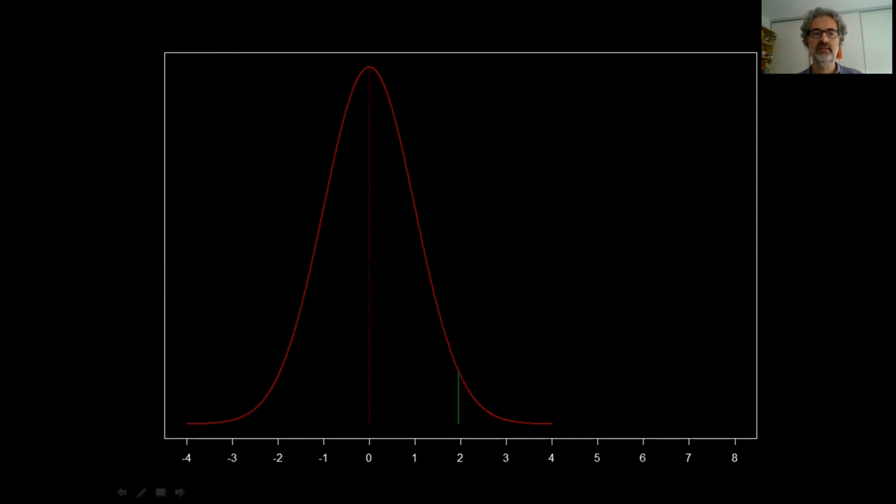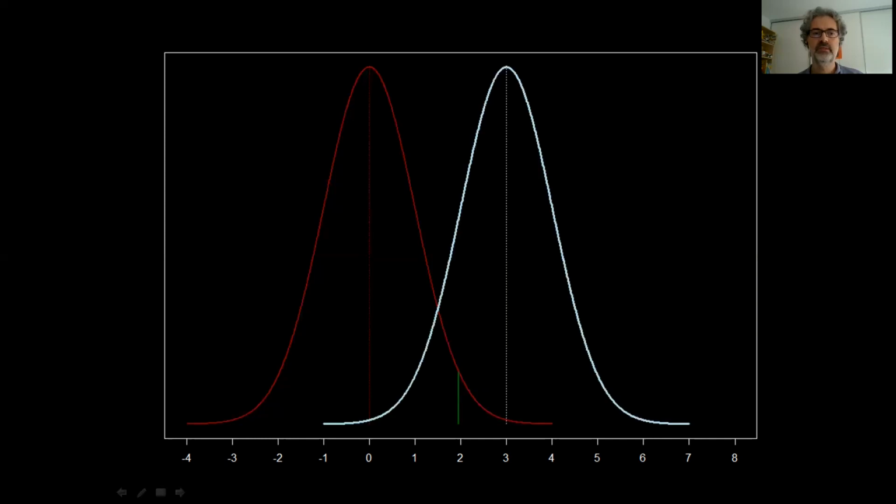Let's say that in the actual world, there is actually an effect of size 3. So the sampling distribution for the mean for your measure is this one, centered on 3. So when you collect data, you are sampling from this distribution, the state of the world, and you evaluate it according to the null hypothesis because this is the only one you can calculate things from. You don't know this.